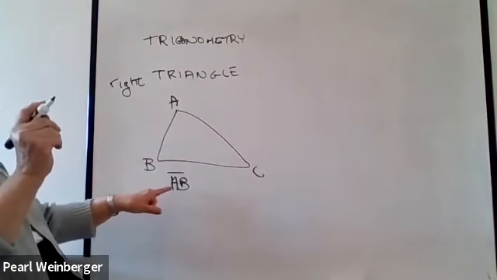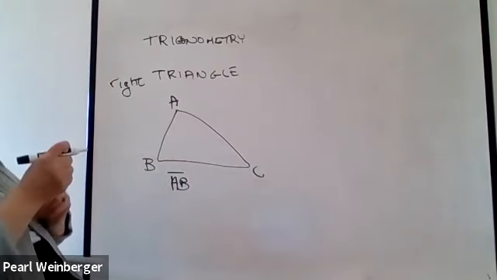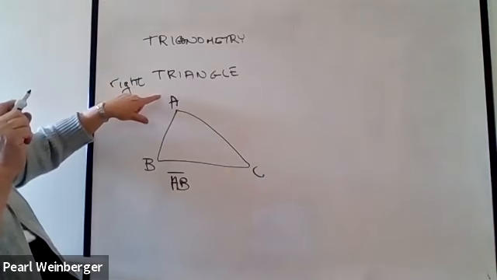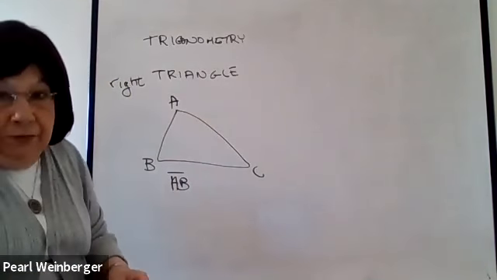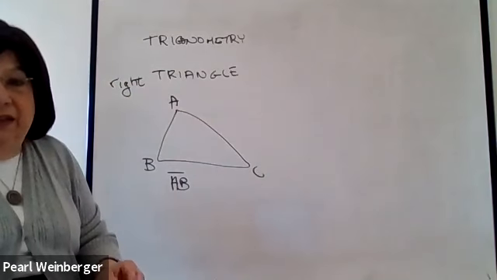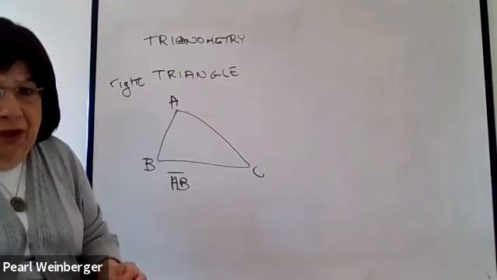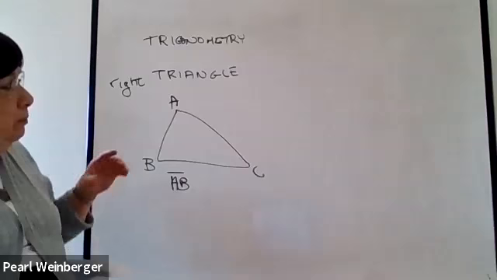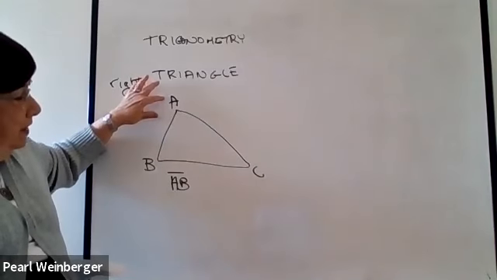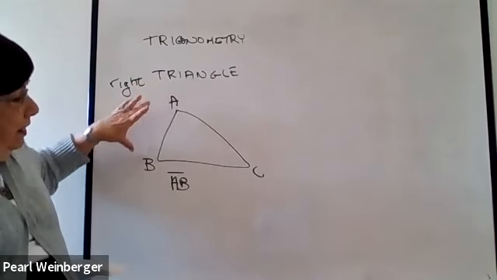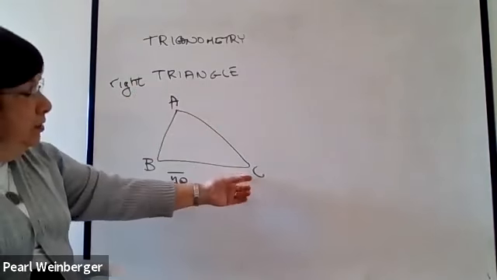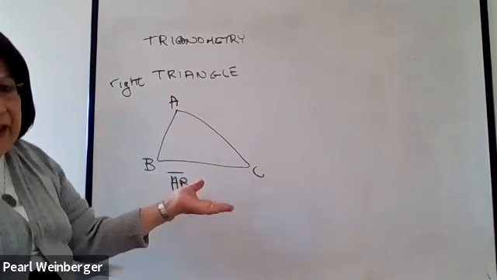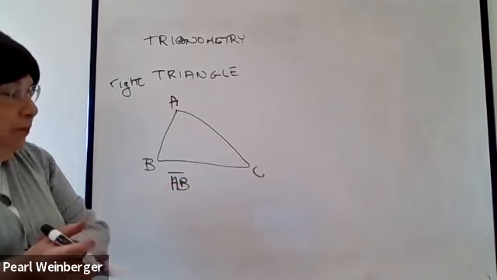If I put AB with a little line on top of it, it means I'm talking about the side of the triangle that goes from A to B. Obviously, that's pretty descriptive, but when I want to use it, it's not so simple, because I have to locate the A and I have to locate the B. There are two things that I have to locate. If I say find angle C, there's only one place to look for it. I don't have to find two things and then connect them.